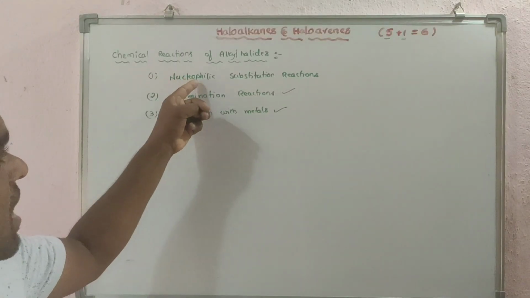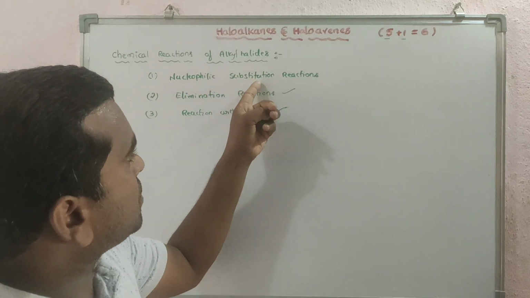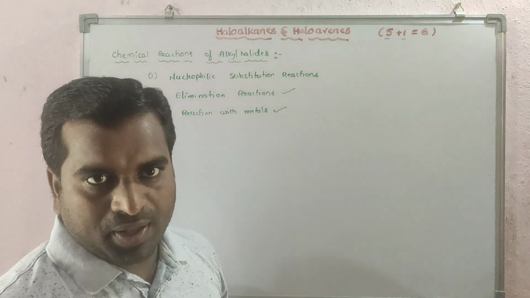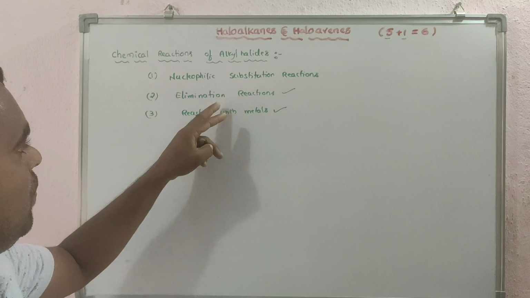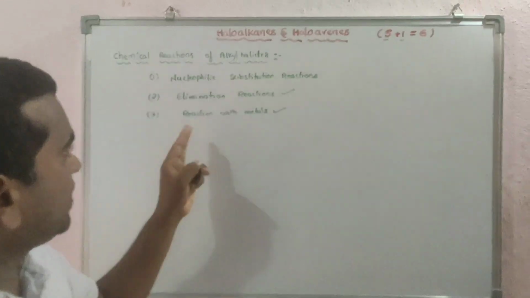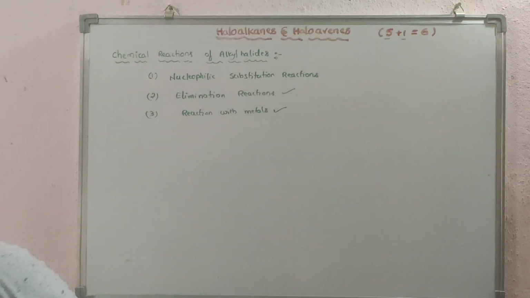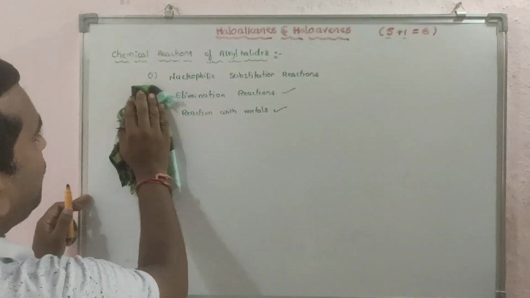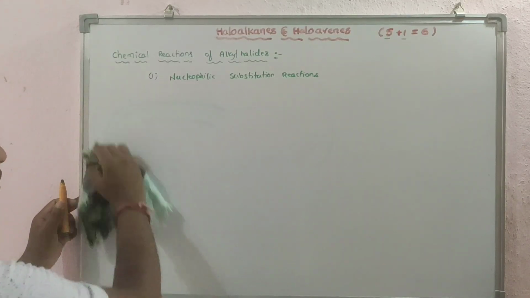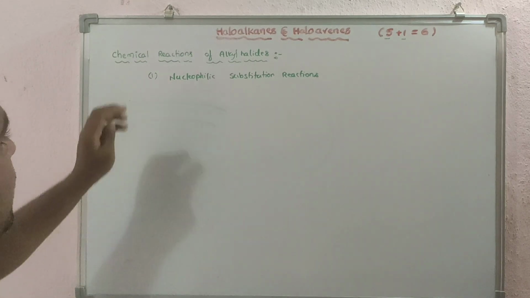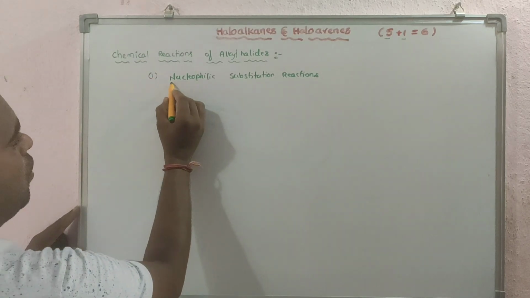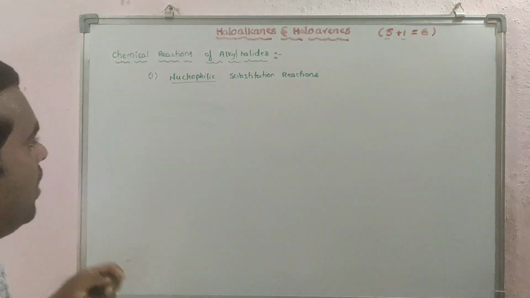First we will discuss nucleophilic substitution reactions. After completion of that we will go for elimination, and after that for the reactions with metals. So now we will discuss nucleophilic substitution reactions. First of all, nucleophile we have already discussed in the first year.